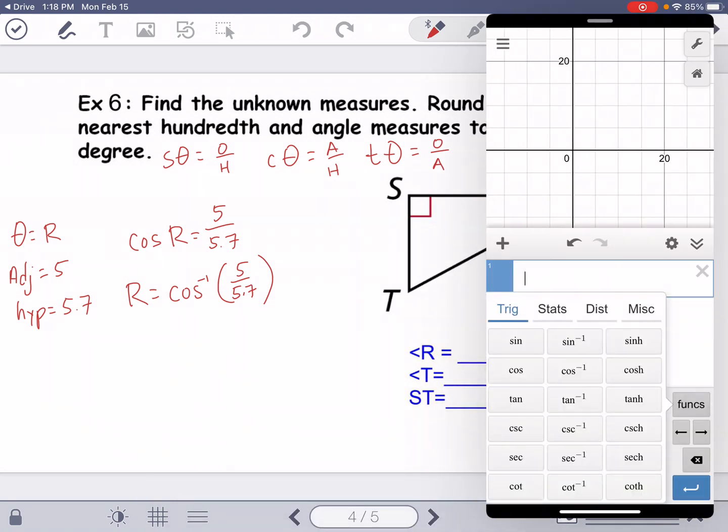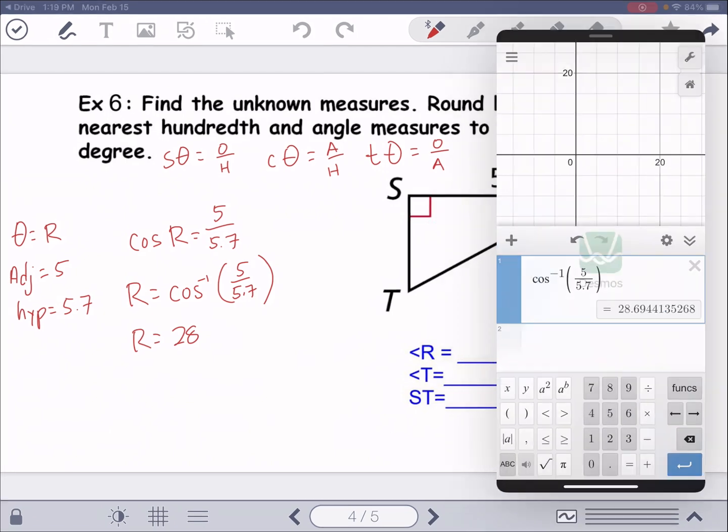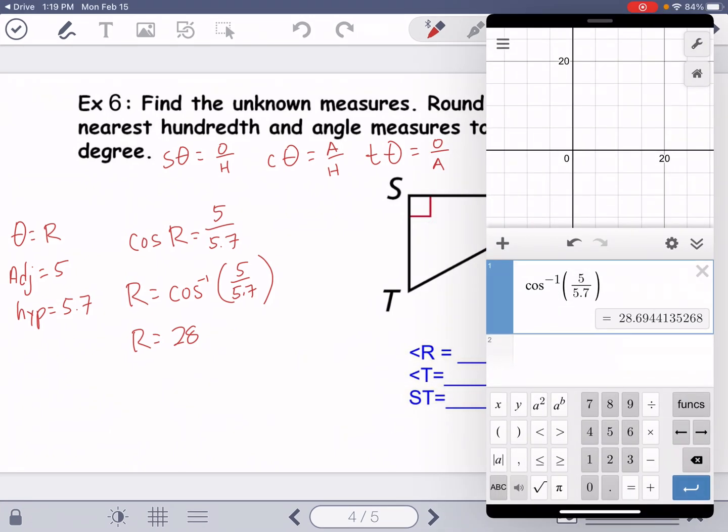Functions, inverse, 5 divided by 5.7. 28.69, so we're going to say r is 28. What did it tell me to round to? Round to the nearest hundredth, and angle measures to the nearest degree. So 28.69 is going to make that a 29. So r equals 29 degrees.